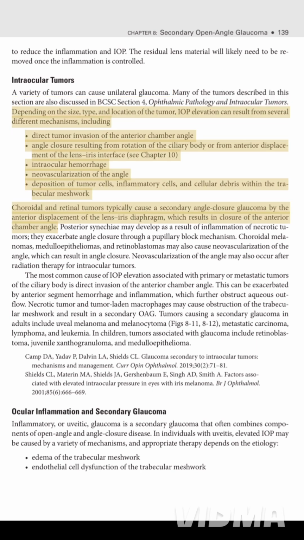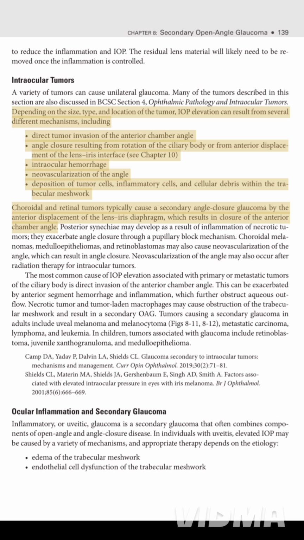Depending on the size, type, and location of the tumor, IOP elevation can result from several different mechanisms, including direct tumor invasion of the anterior chamber angle; angle closure resulting from rotation of the ciliary body or from anterior displacement of the lens-iris interface, see Chapter 10; intraocular hemorrhage; neovascularization of the angle; and deposition of tumor cells, inflammatory cells, and cellular debris within the trabecular meshwork.